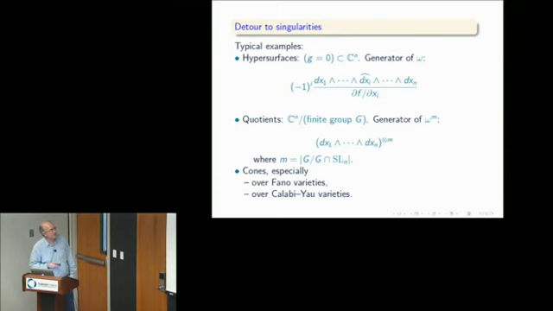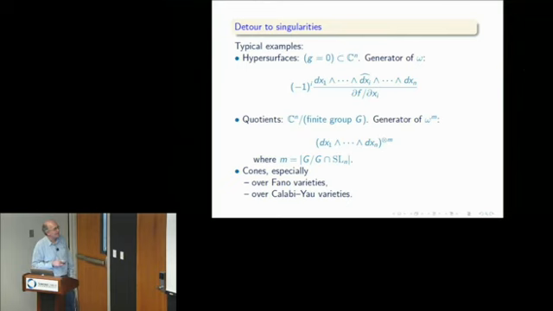But if the group action is non-trivial, it is transformed by some character, and then it will not descend if this character is non-trivial. But some power of it descends, where m is exactly the index of G intersect SL_n in G. So that's okay. Omega itself is not as nice, but at least some power of it has a nice global section.